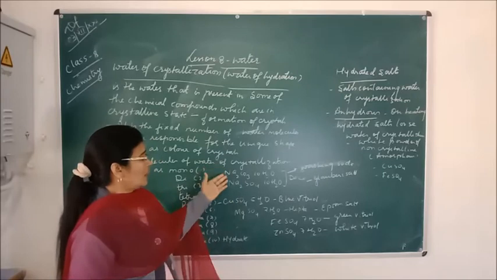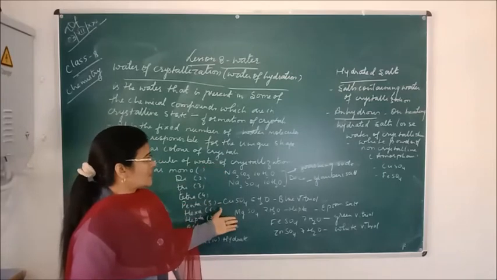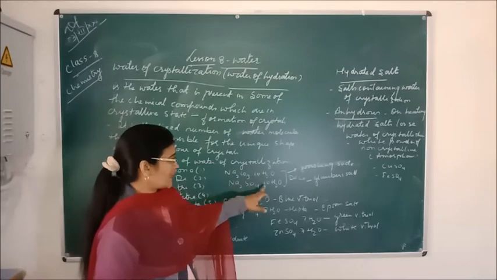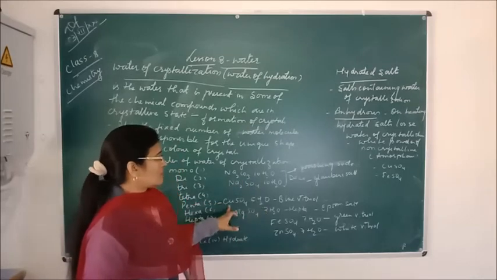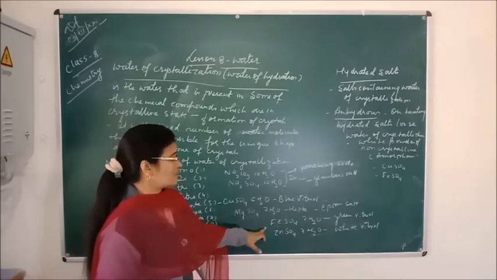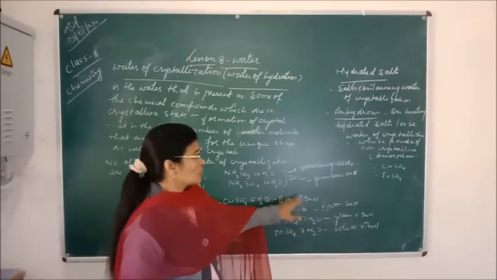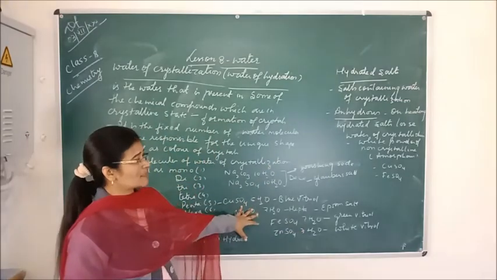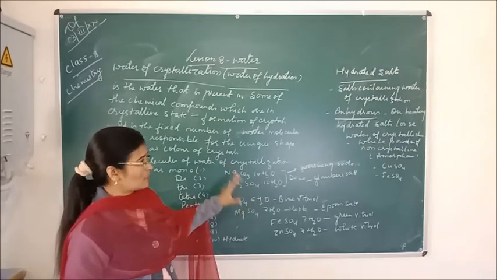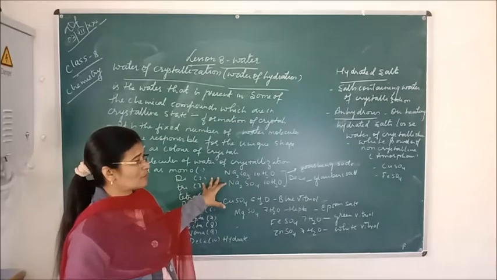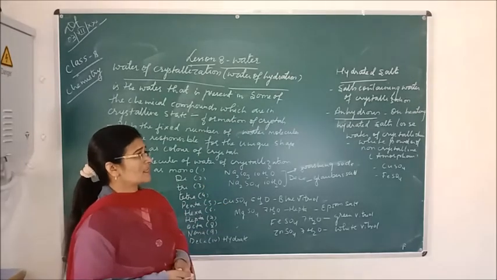So these are all the chemical compounds which I read just now: sodium carbonate decahydrate, sodium sulfate decahydrate, copper sulfate pentahydrate, magnesium sulfate heptahydrate, ferrous sulfate heptahydrate, zinc sulfate heptahydrate. These are all called hydrated salts because they show the water of crystallization.